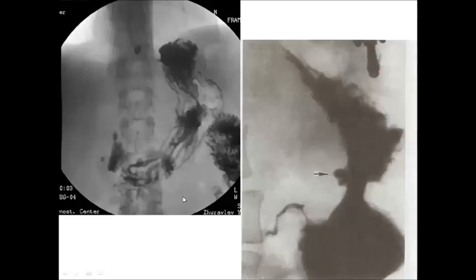Both are symptoms of benign ulcer, and for example, here is an example of niche on relief, and this picture shows us niche on the contour.